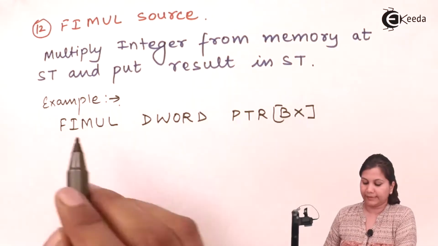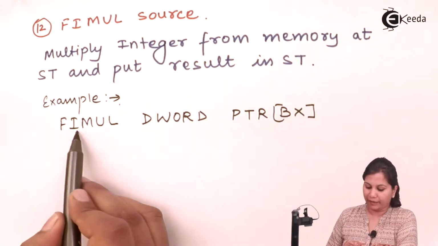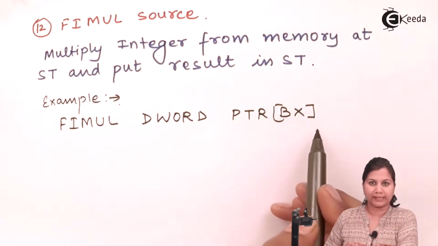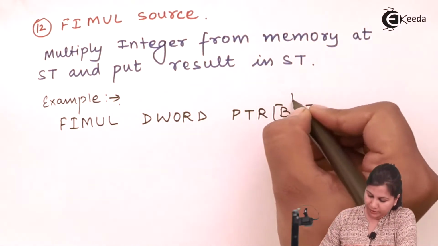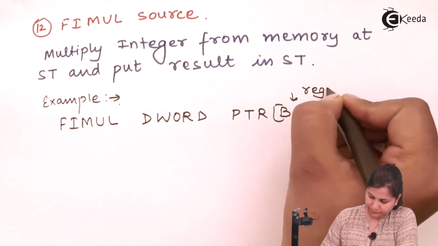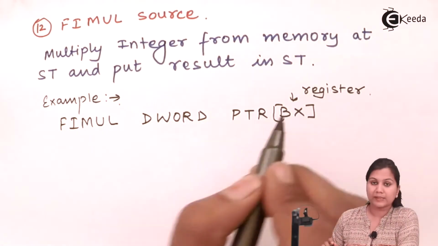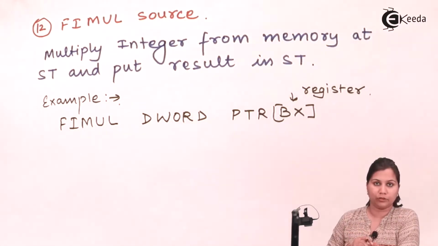So this is the example of this instruction, FIMUL, then DWORD PTR [BX]. BX is a register, and this register is pointing towards some memory location.